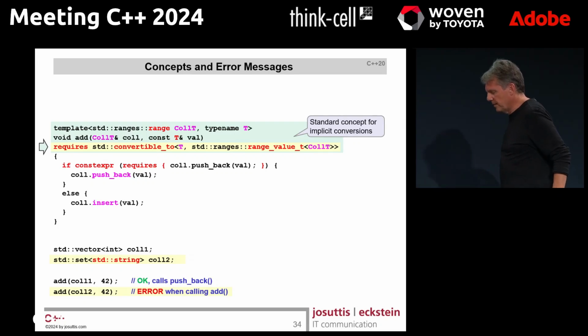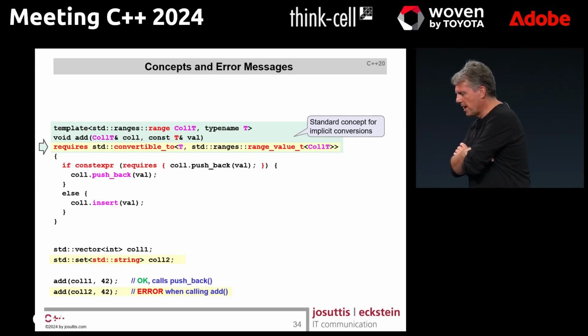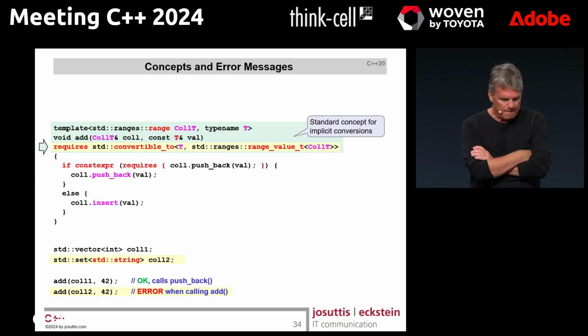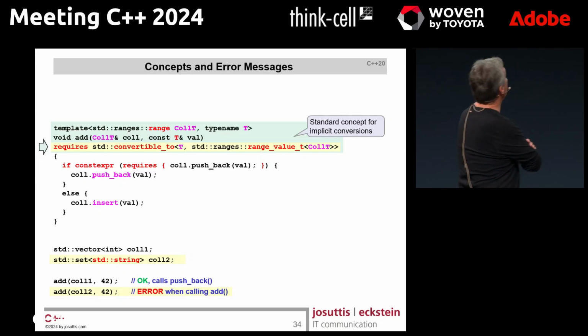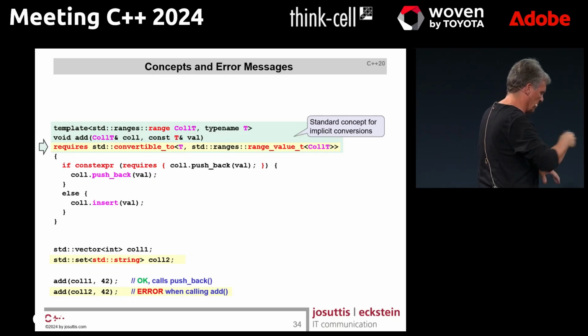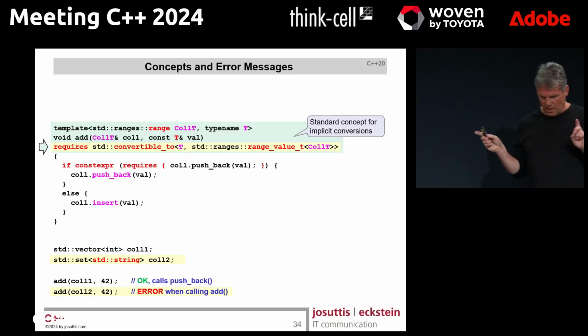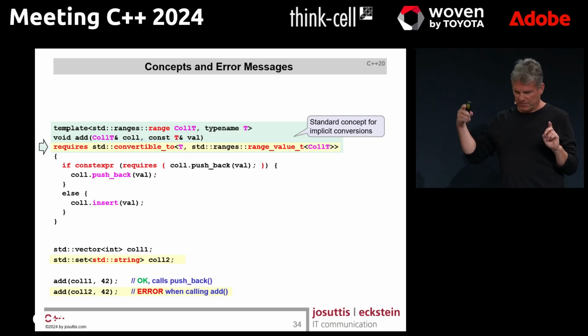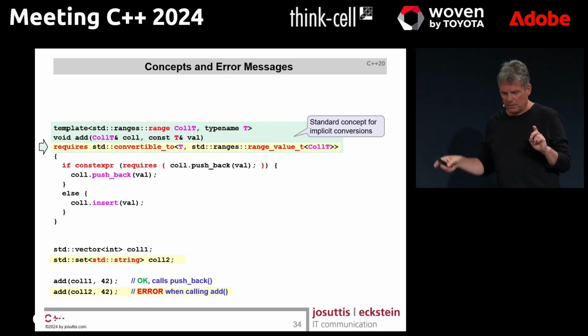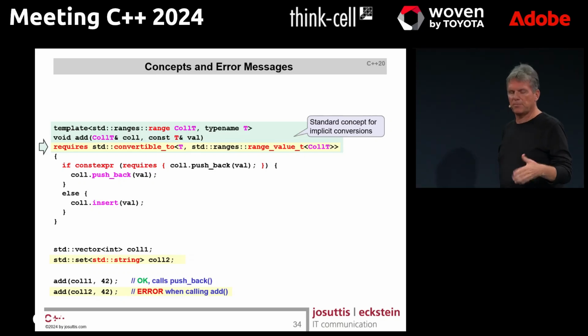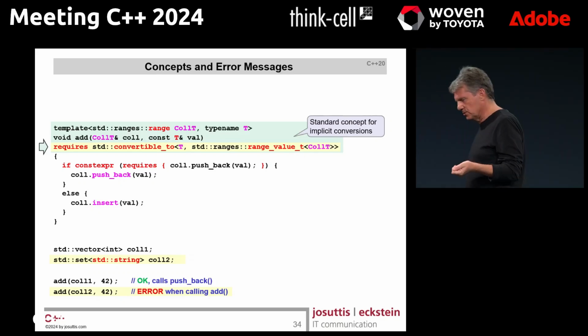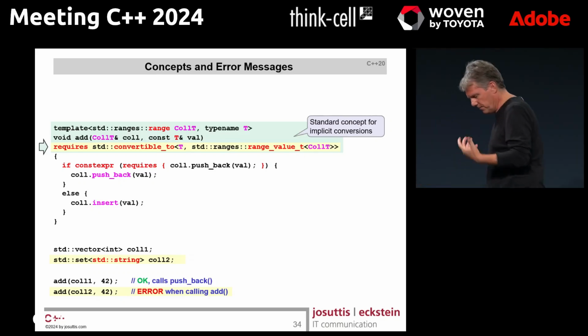Look at this once again. We have a requires clause again. And that requires clause combines two types. They check a relation between two types: the second template parameter type T, and the first template parameter type, but with the helper function looking at the element type of this collection.